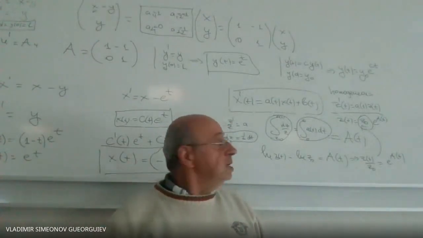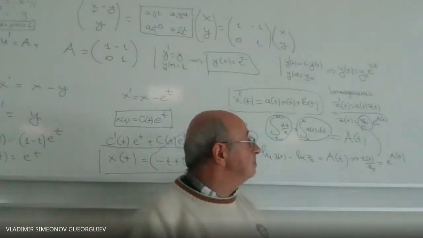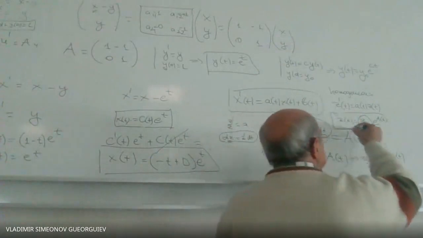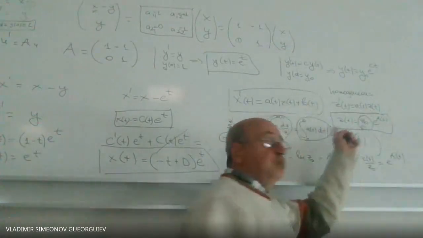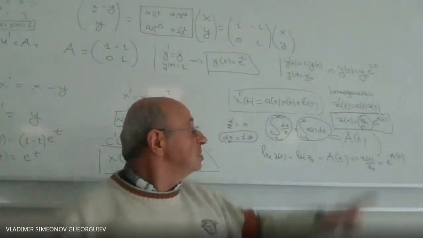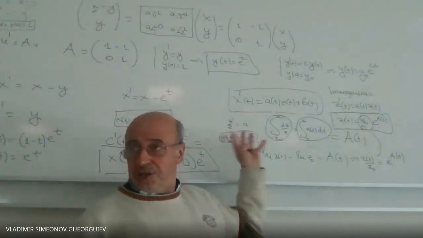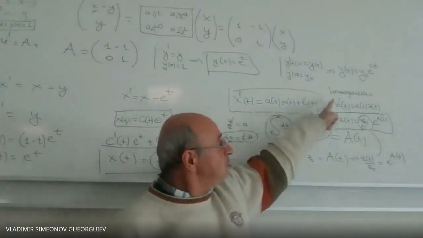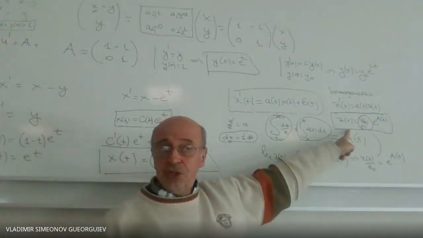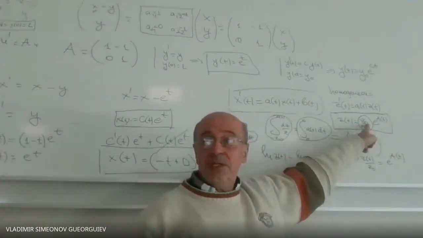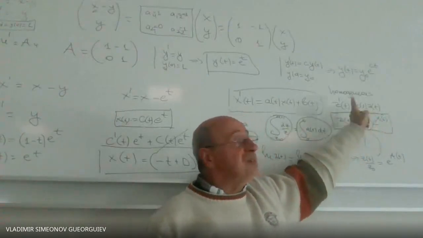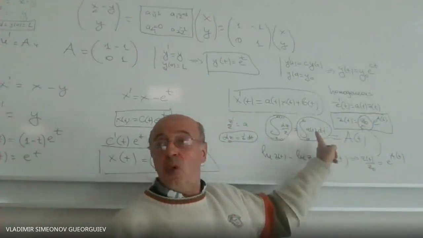And in this way, if you put this formula in your notes, then you can skip this derivation. You know that this equation always has this solution, where z0 is a constant, capital A is the primitive of small a.